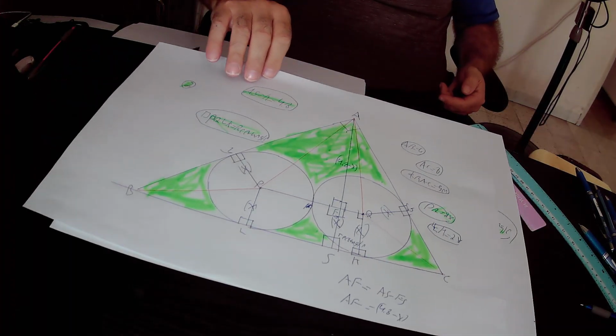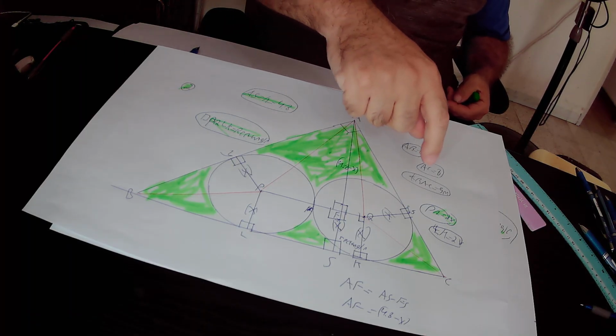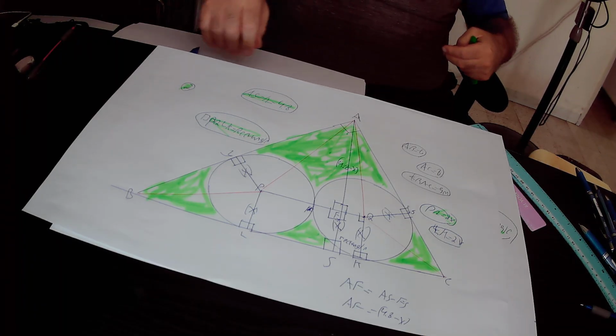Okay, so first of all, I'll write down the equation that the area of this big triangle ABC must be equal to the sum of the areas of the 6 shapes that it consists of.